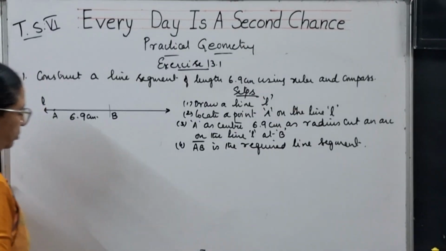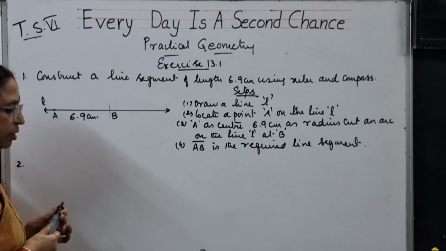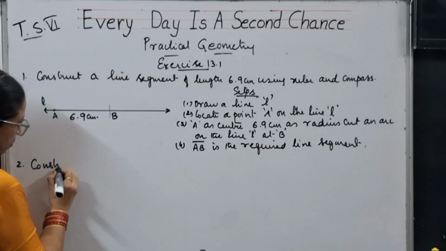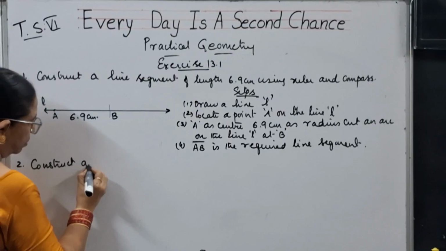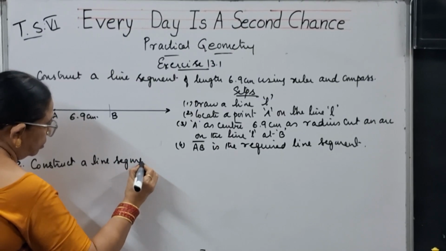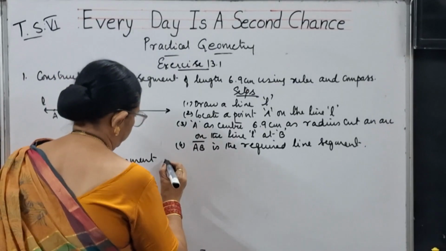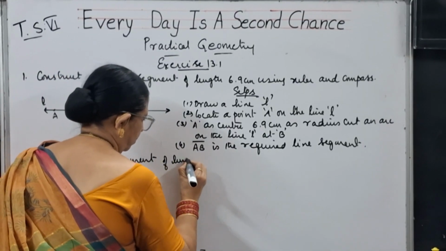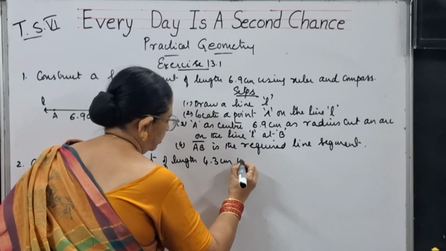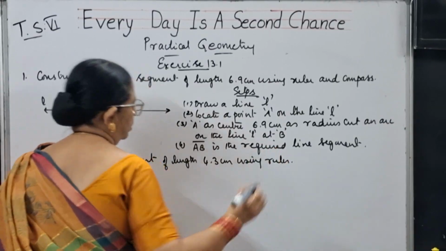Now I have space. Let me do the second problem also. Second problem, construct a line segment of length 4.3 centimeters using ruler.